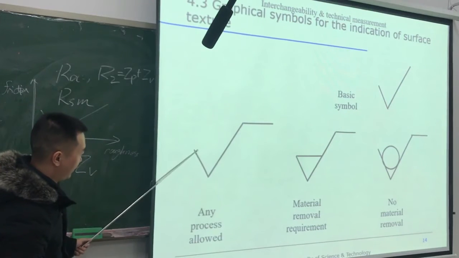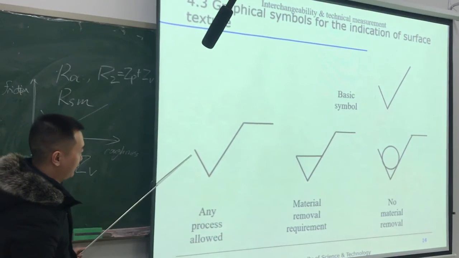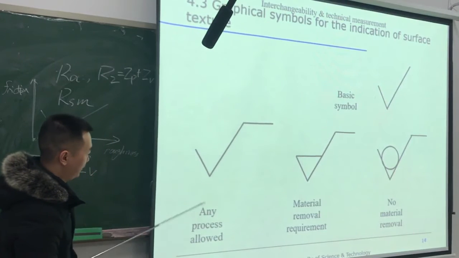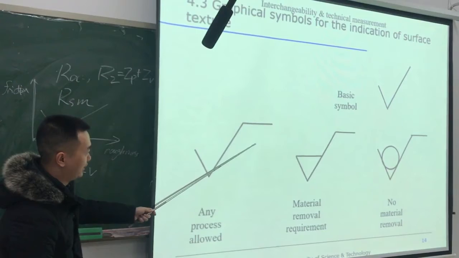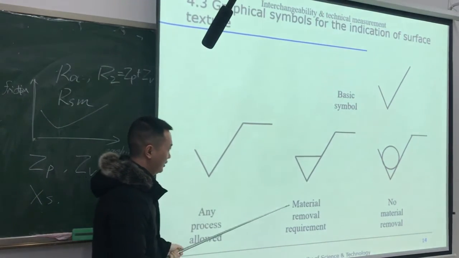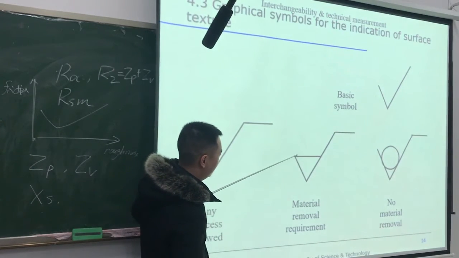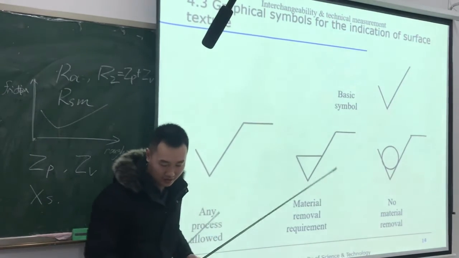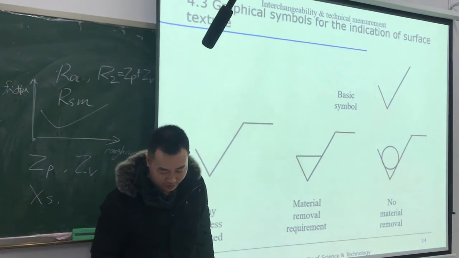This one indicates a surface that you can get by any process method. And here you will write down the related requirements. And this one is for a material removal requirement. We add a line here. So what is material removal?